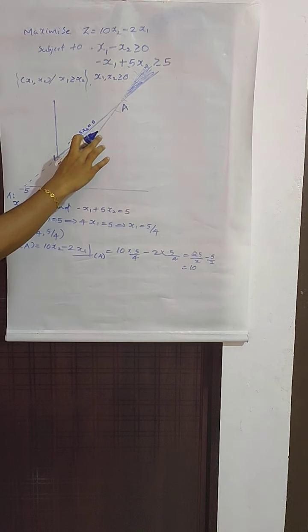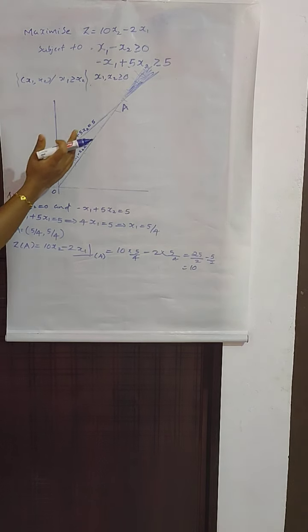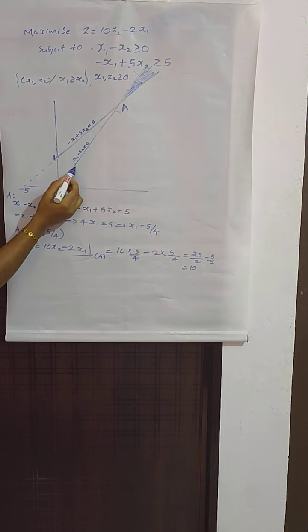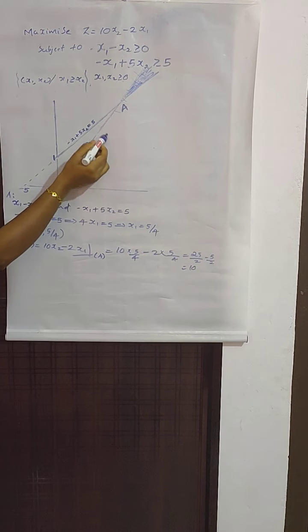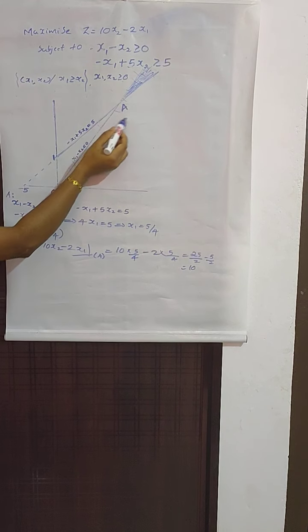And this is our line x1 equal to x2. So the points with x1 greater than or equal to x2, such x1, x2 must be here. And the points with x1 less than or equal to x2 will be here. Okay.